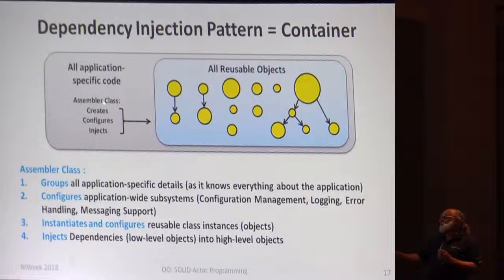Typically this container, which is a class, is called an assembler class. It creates all the objects from reusable classes because it knows everything about the types of the devices. It's application-specific. It configures them, loading the configurations from a database or a file, JSON, XML, whatever, and it injects the created objects into the subsystems.